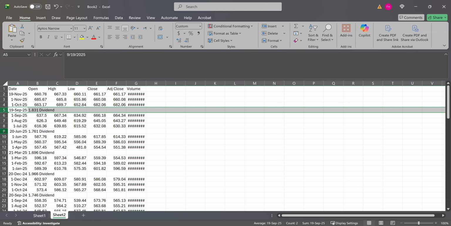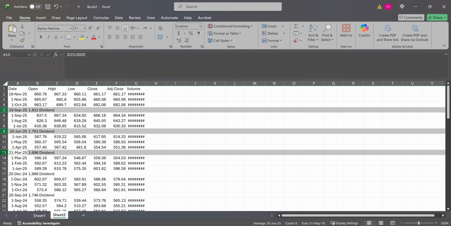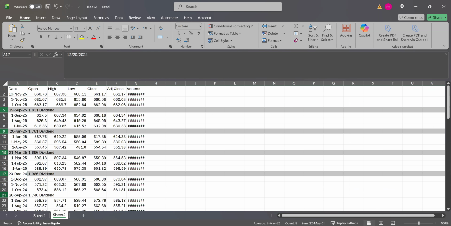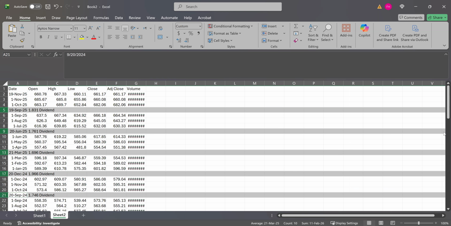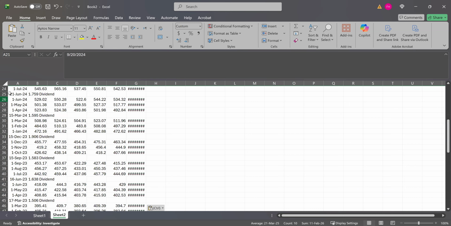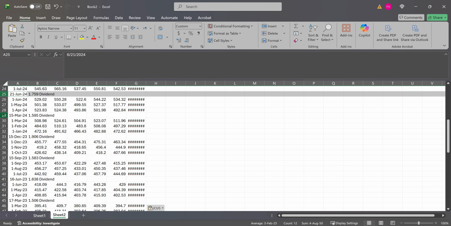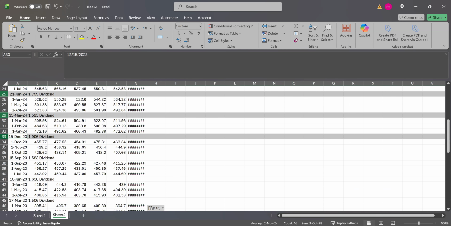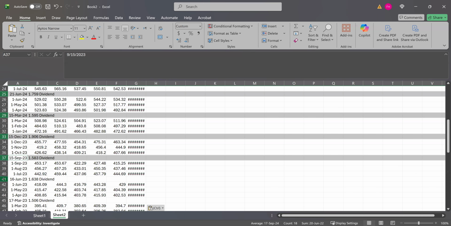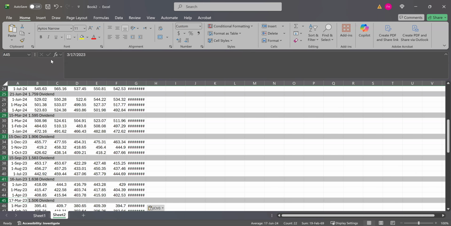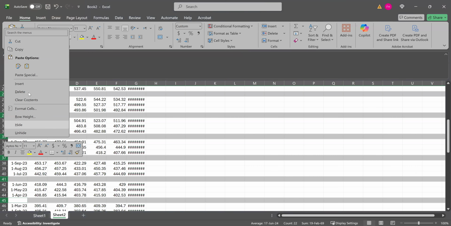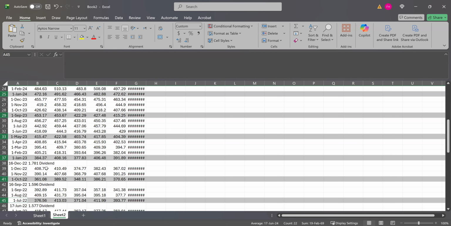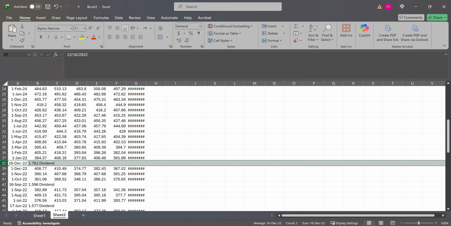Then I need to clean the sample from dividends paid. So I need to select all the rows containing the dividends. So I still have a few.